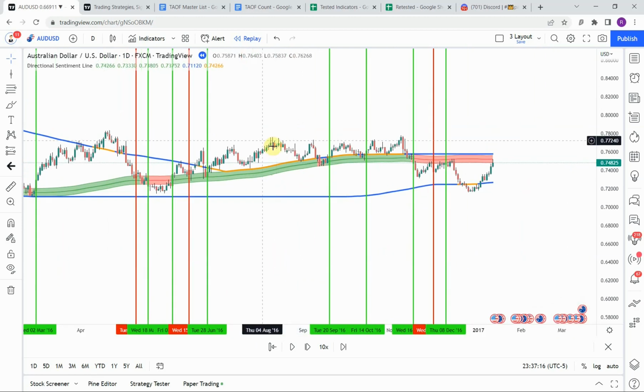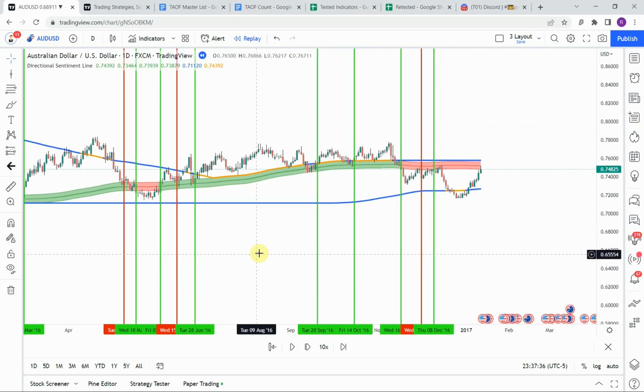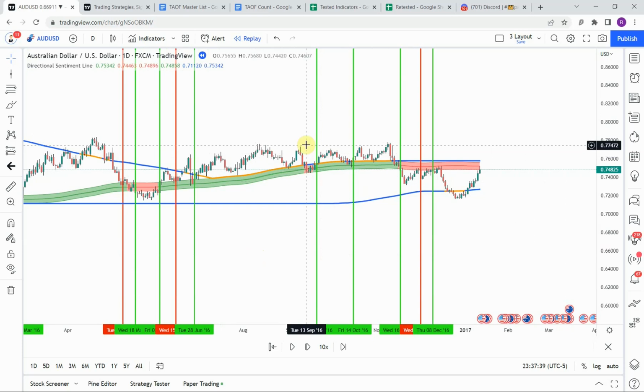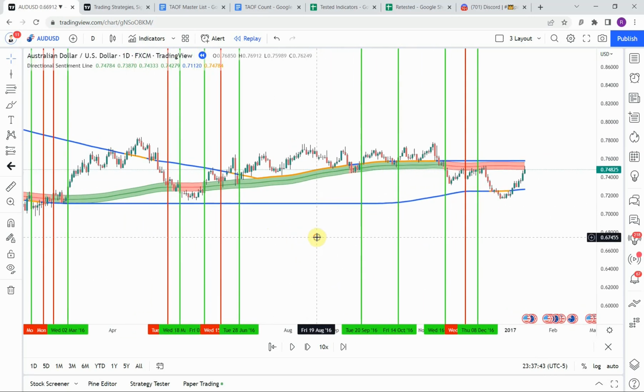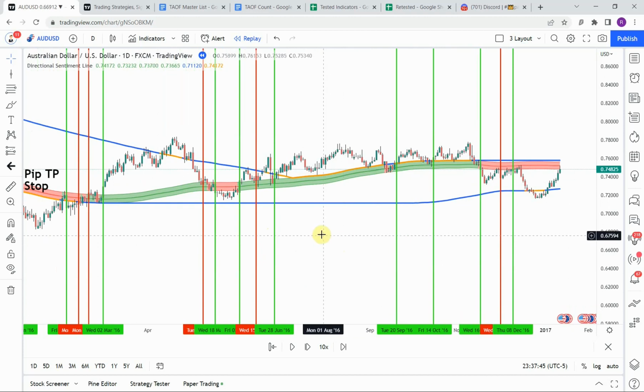And you can also see here when we kind of hit this choppiness right here, it was still able to maintain and get these winning trades here, which is rather abnormal for an indicator to do. Typically, when we hit kind of a ranging market, the indicator will start to give losing trade after losing trade, and it really does diminish the win rate of an indicator. This one held up rather nicely in this ranging market.